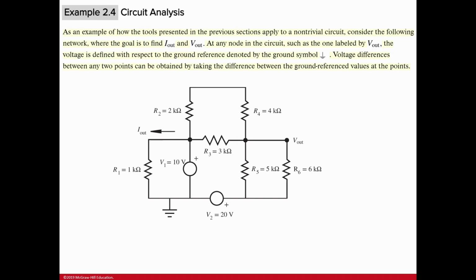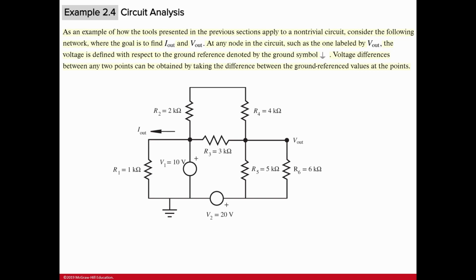Here is a very simple example. We need to calculate I out and V out. I out is very simple: it's V1 divided by R1, then you can get I out.